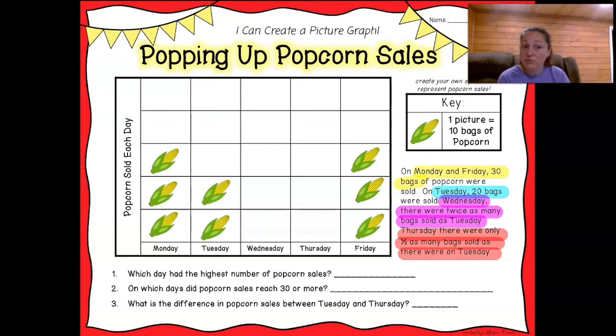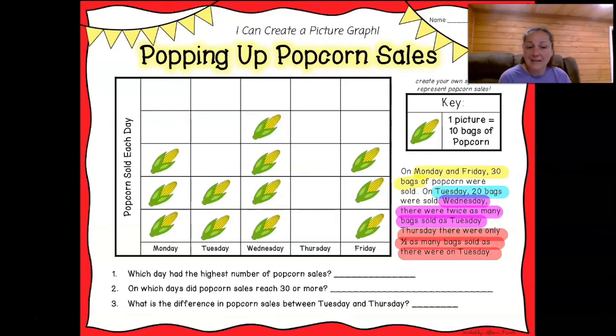Oh, okay, so there's twice as many bags sold on Wednesday as there were Tuesday, twice as many. So I'm going to double this on Wednesday. So there's 2 there. And then I'm going to hit him again because I'm doubling him. So there's 4. Looks good.